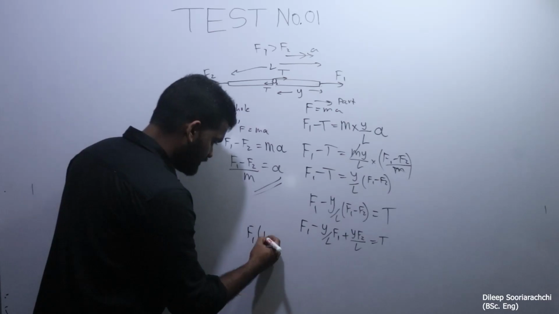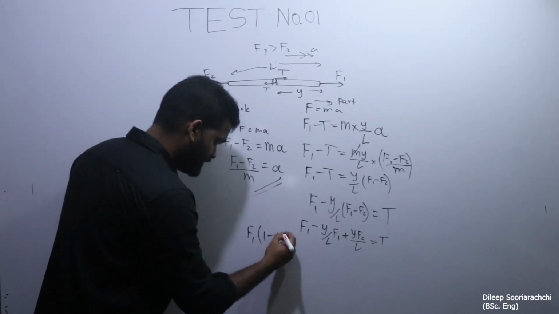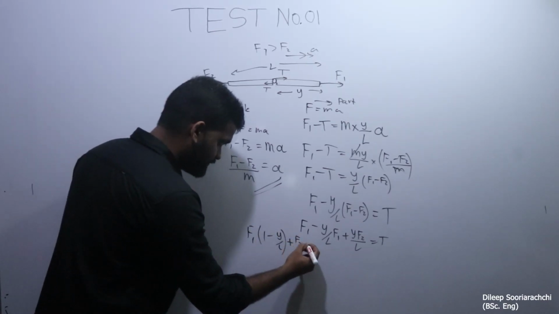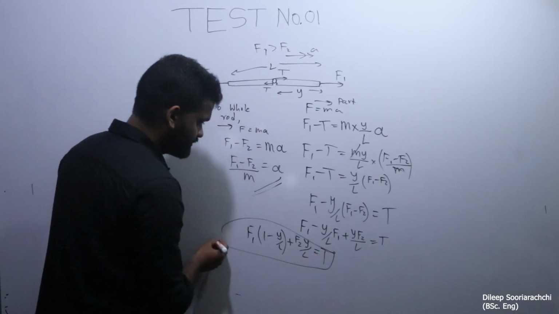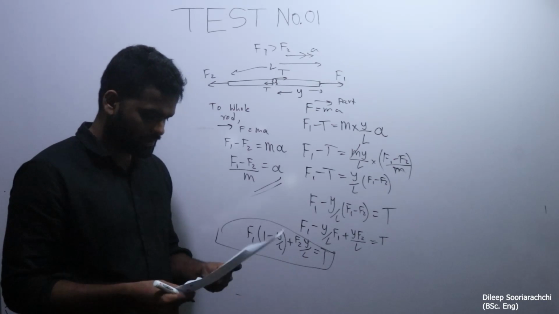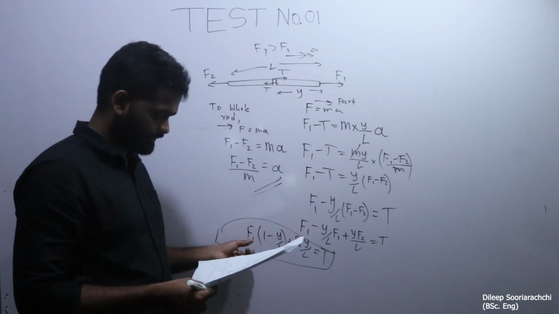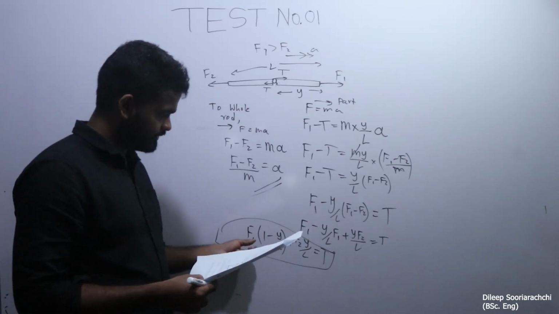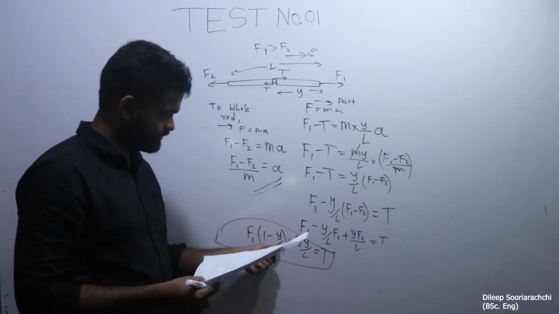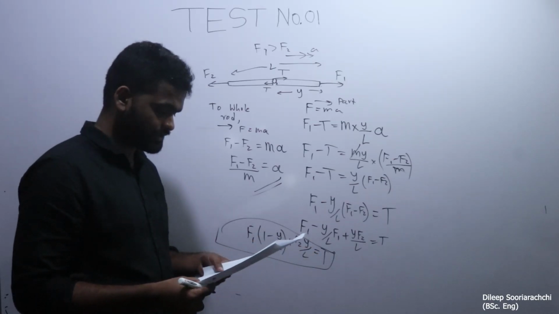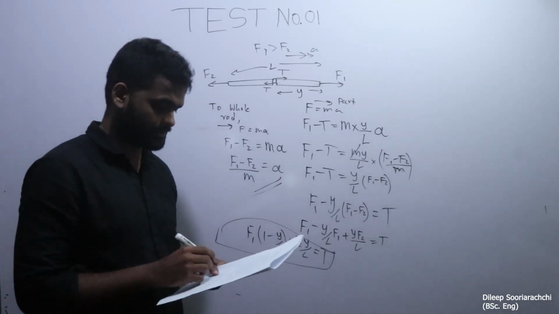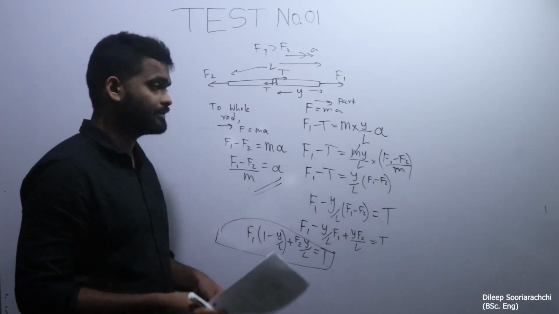So F1 times 1 minus y over L plus F2 y over L is equal to T. So this is the answer. The answer should be F1 times 1 minus y over L plus F2 y over L equals tension. So the answer should be the first one, right?